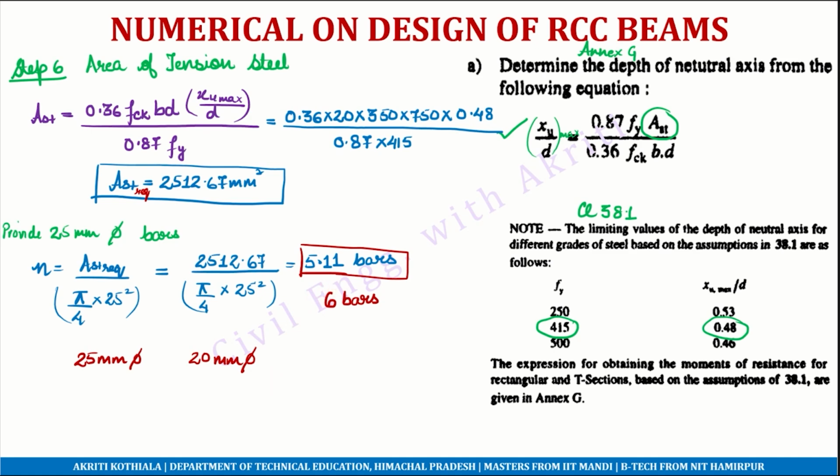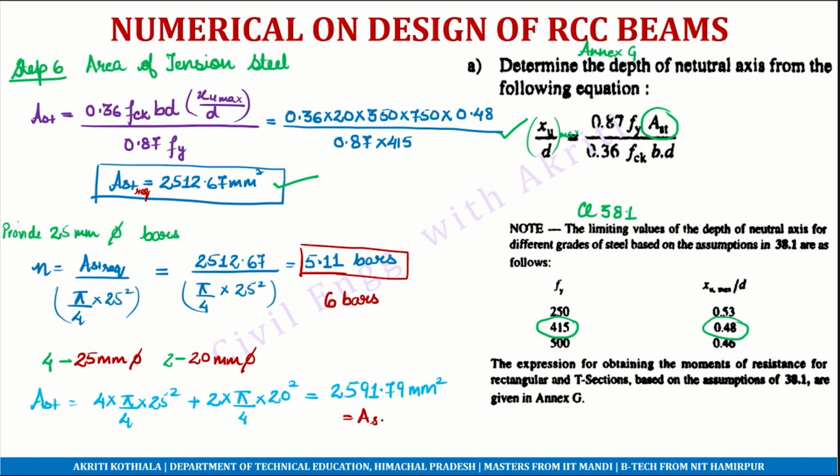Let's provide 4 25 bars and 2 20 bars, and see if we can satisfy this value of Ast required. This combination yields a value of Ast equal to 2591.79 millimeters square, which is close enough to the value of Ast required.